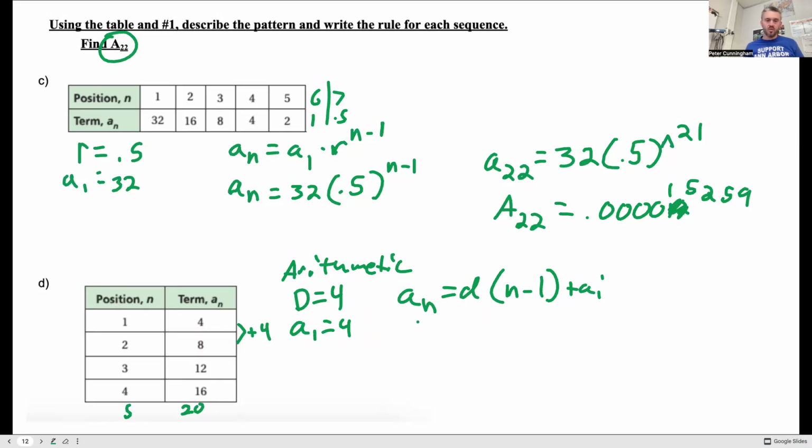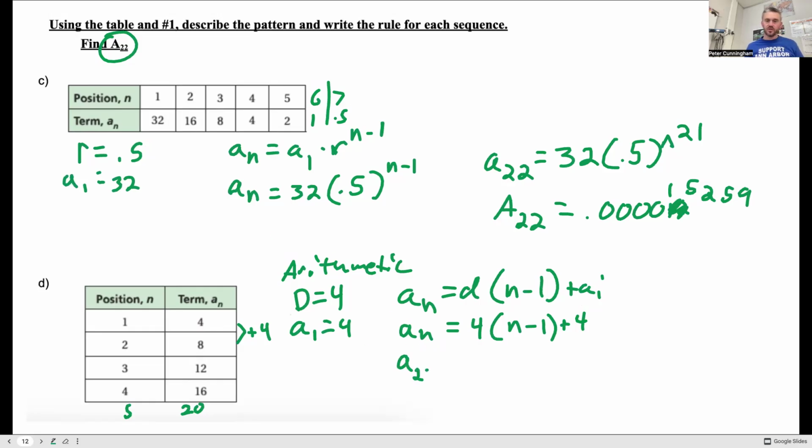Well, now we know that the difference is 4. We're going to multiply that by n minus 1 and add 4, because that's our first term.